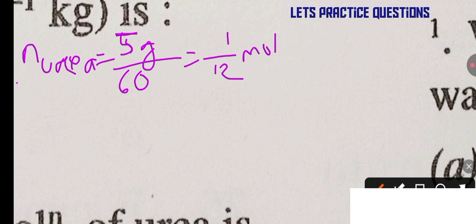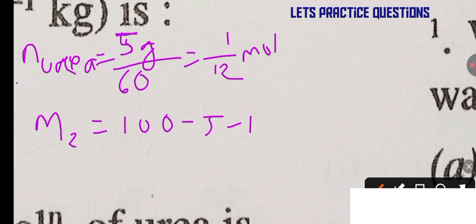Mass of solvent, that is 100 minus 5 minus 10. Here we get the answer, that is 0.085.